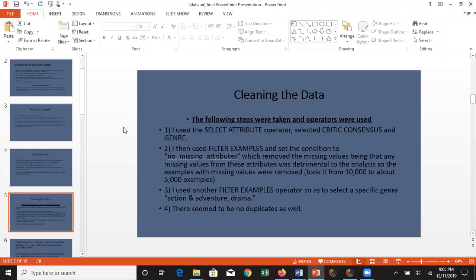What I did was I used select attributes, and then I used filter examples and set the condition to no missing attributes, which removed all the missing ones, because for these two attributes, it's essential to not have them missing. So I just went ahead and removed them, but it brought it down from 10,000 to 5,000 examples.